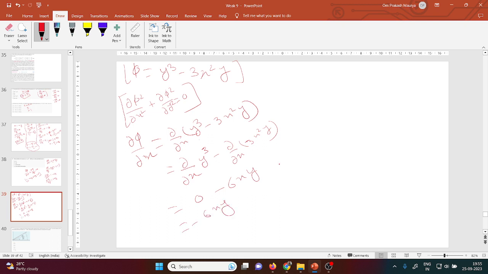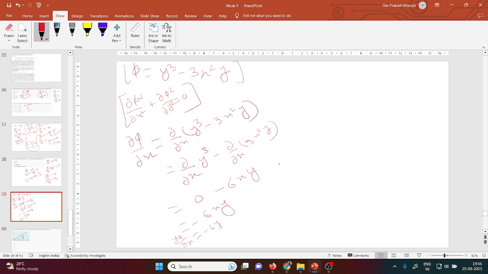If you differentiate this term again with respect to x, 6 is constant and y is also constant, because you are differentiating with respect to x. So minus 6y.